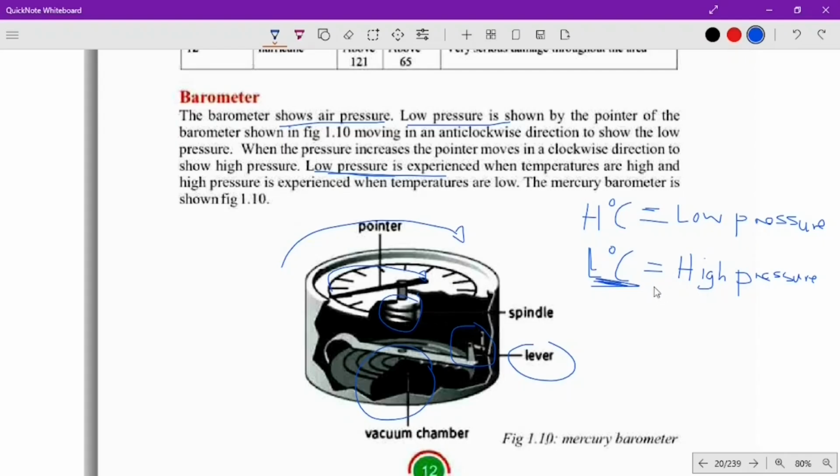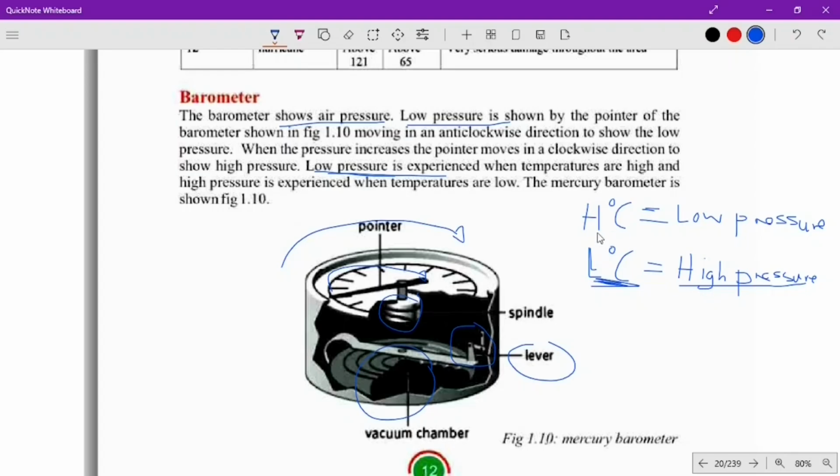That moisture will put a great pressure on the Earth's surface. So when it's cold, the air around us has got moisture in it. That moisture puts a high pressure on the Earth's surface. That's why when the temperature is low, there is a high pressure.